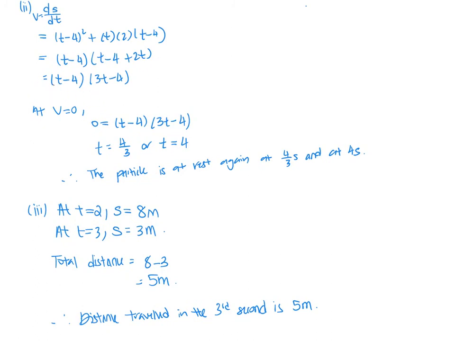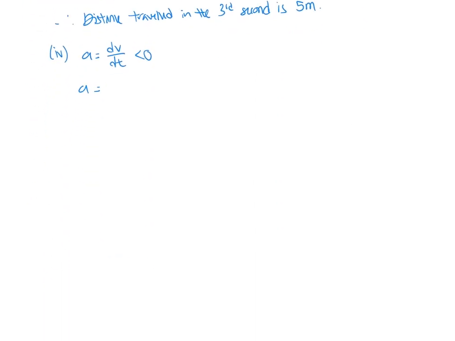Likewise, I'm going to perform the product rule, and you should get your acceleration to be 3(t minus 4) plus 3(t minus 4). Hmm, with simple simplification, you should get this to be 6t minus 16.